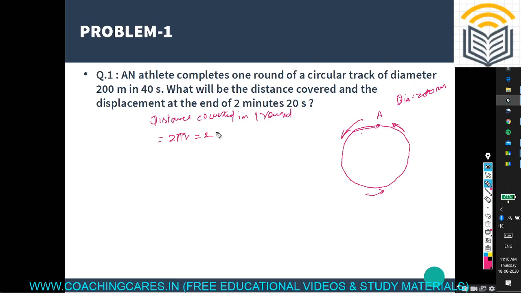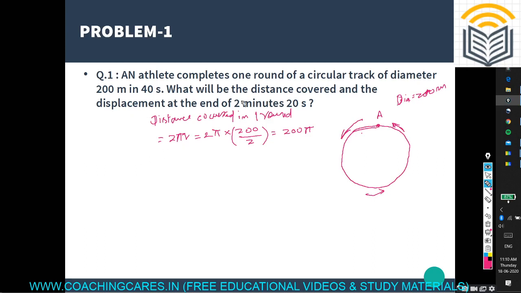You can write it like 2 pi into 200. Wait, r is half of the diameter, which is 100, so it is 200 pi. This is the distance covered by the athlete in one round, I mean the circumference of this circular track. So this distance is being covered in 40 seconds. This is given in the question.